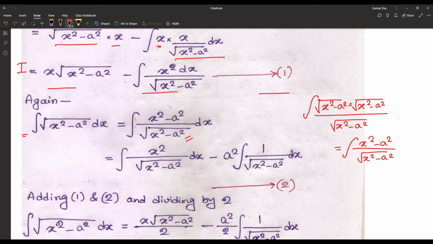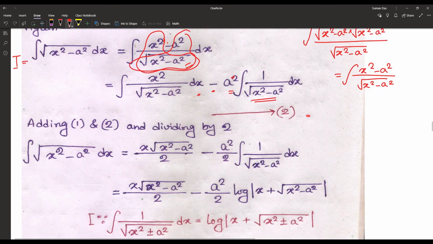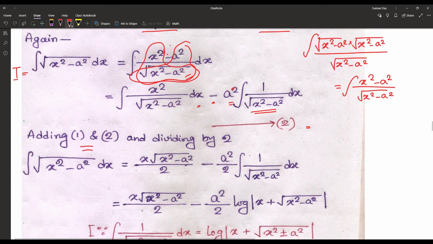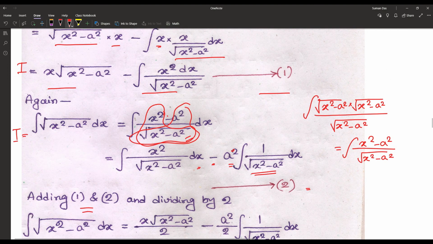So one part we are just separating, and the other part is x square by square root of x square minus a square dx, and minus a square as a constant taken as a multiplier, integration of 1 by square root of x square minus a square, and that is our equation 2 for the same I. So once again, if we add 1 and 2, we get 2I, so we have to divide by 2 to get the result as I.